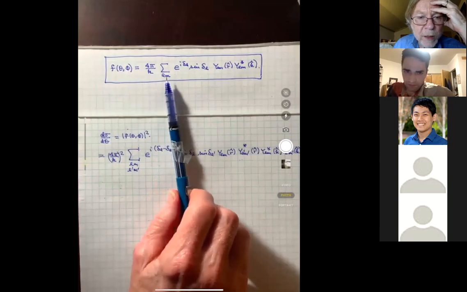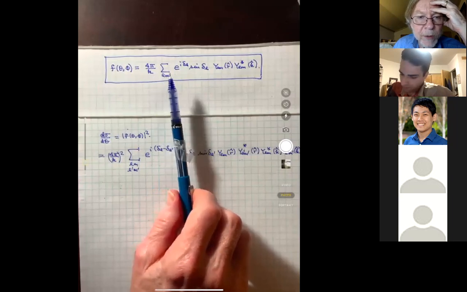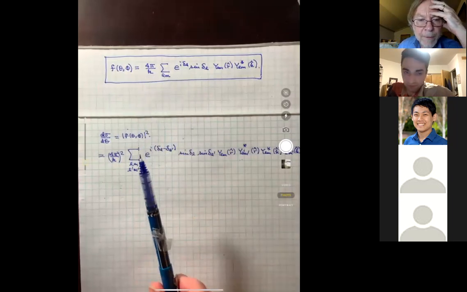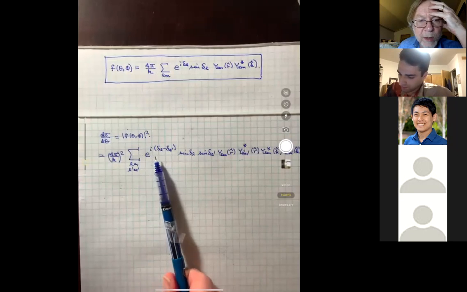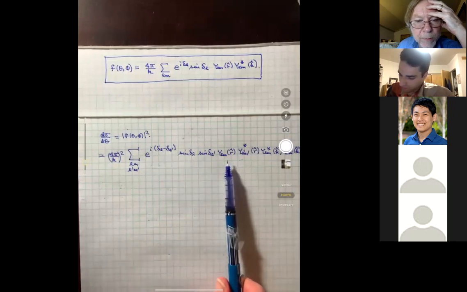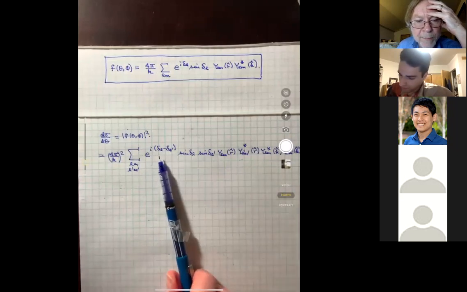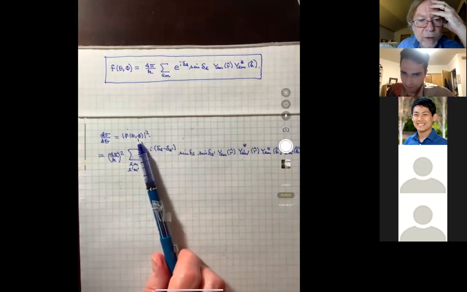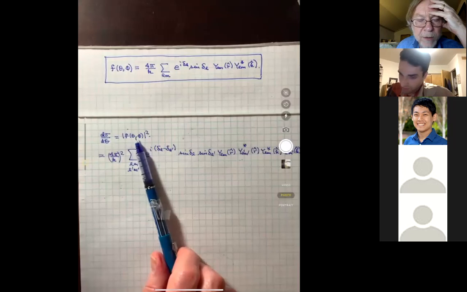And each of these L terms, or LM term, is called a partial wave contribution. So when we square the scattering amplitude to get the differential cross section, the various partial waves interfere with one another and they don't really simplify. But what that means is that if you plot the differential cross section as a function of theta, if it were pointing in the z direction, it would just be a function of theta.